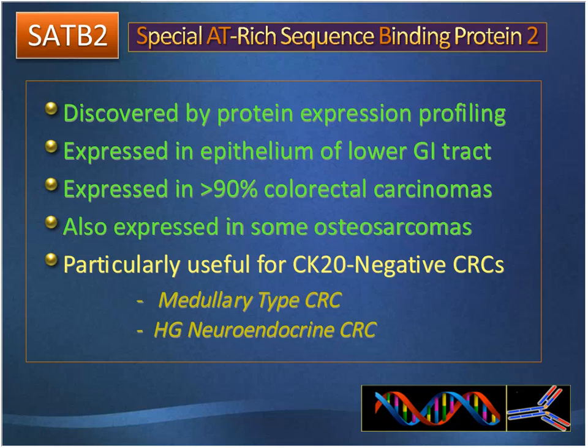That includes the rare medullary type of colorectal carcinoma and occasional high-grade neuroendocrine colorectal carcinoma, which look like a small cell carcinoma. These too may be CK20 negative, but in order to prove their colonic origin, SATB2 will be very helpful.